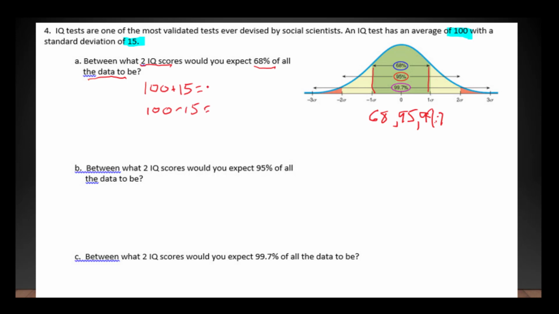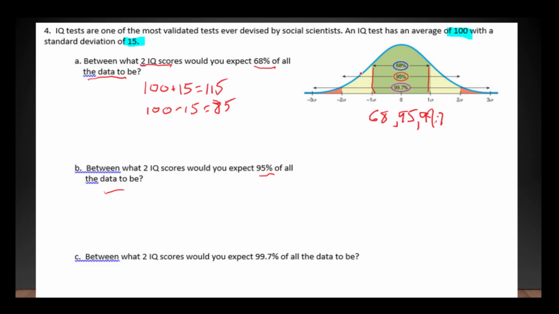So you would expect 68% of the scores to fall between 115 and 85. If that makes sense.